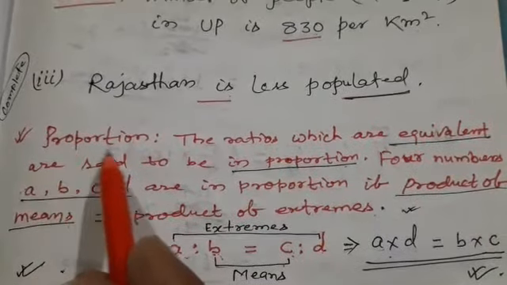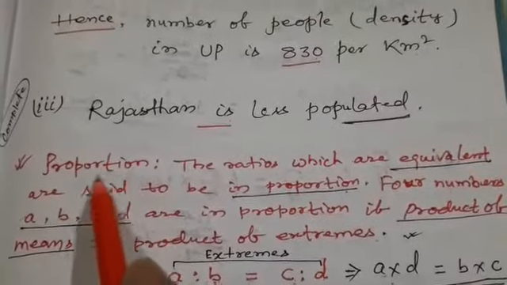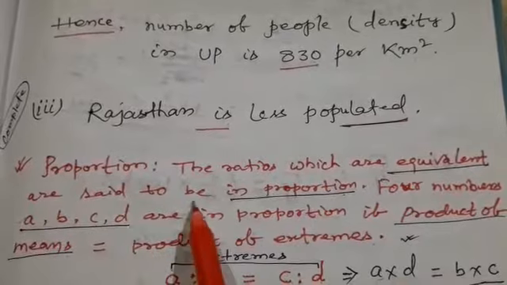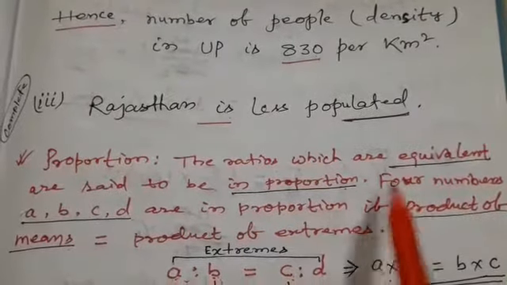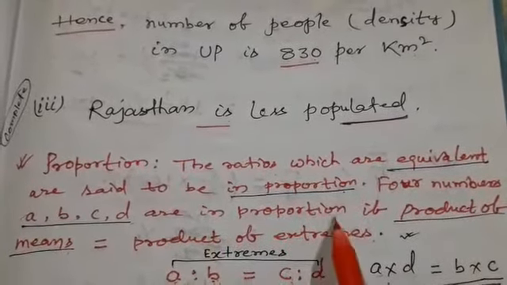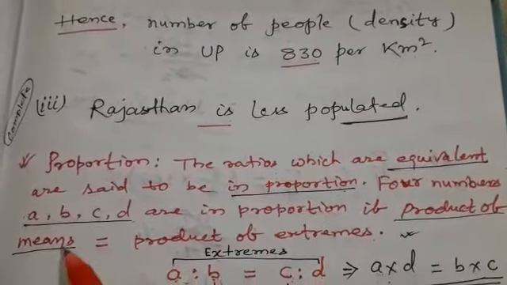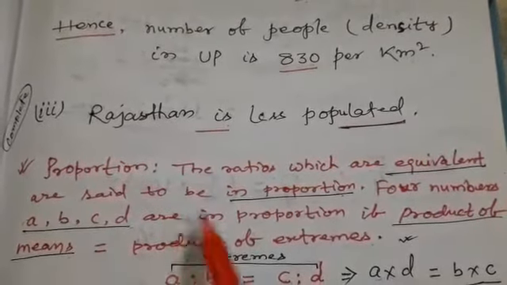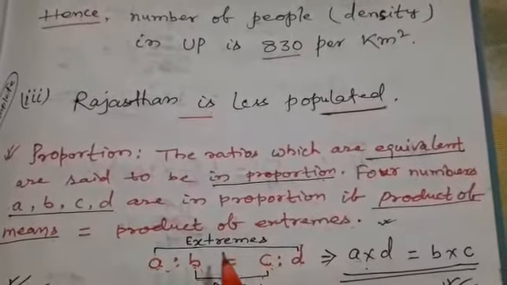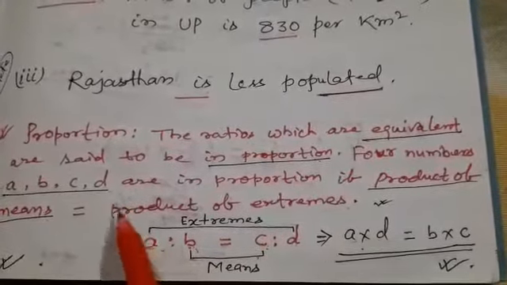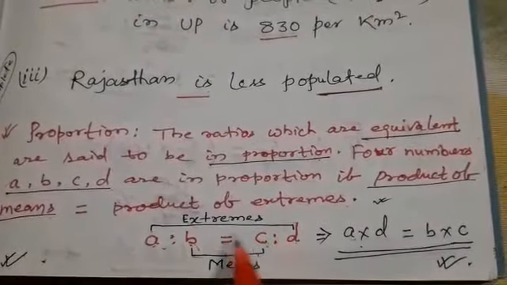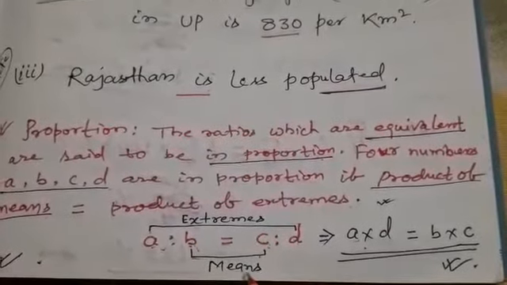Dear students, here we write the definition of proportion. Proportion: the ratios which are equivalent are said to be in proportion. For example, four numbers like A, B, C and D are in proportion if the product of means, that is B and C, is equal to the product of extremes, they are A and D. So we write in this way: A is to B is equal to C is to D, then A and D are extremes and B and C are means.